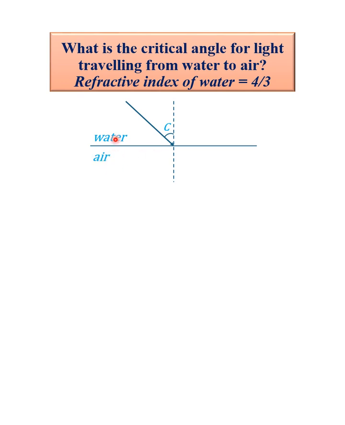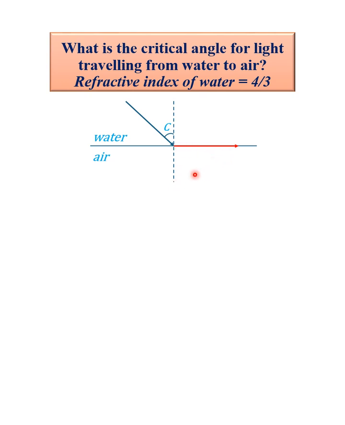Remember that water is denser than air. Because of that, the refraction is going to be away from the normal. In this case, the refraction is going to be at 90 degrees to the normal. Why is it 90 degrees?